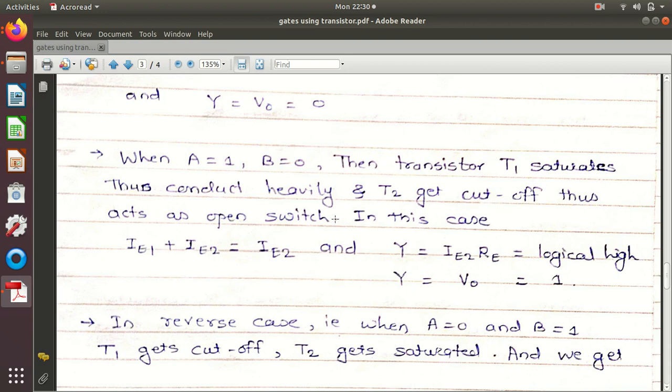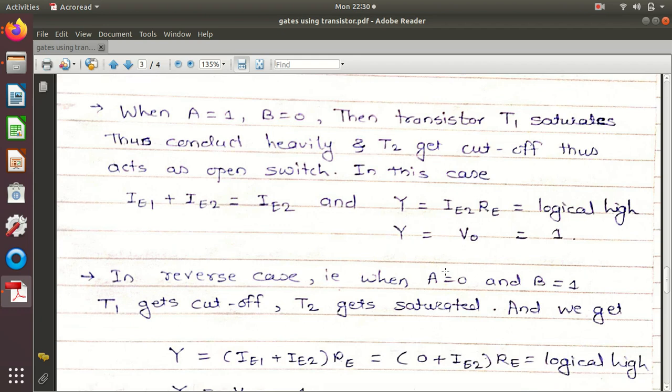So in this case, the value of IE2 is 0, but IE1 is not 0, and so we will get Y equals IE1 RE, that is logical high. So we will get Y equals 1 when A equals 1, B equals 0.